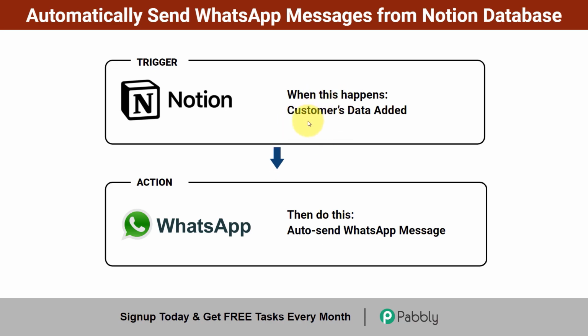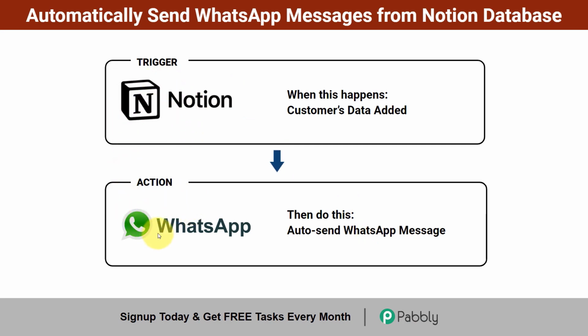Either you can copy the details of your customers, compose a message in WhatsApp and send it to each customer one by one, or you can create an automation between Notion and WhatsApp in such a way that whenever a customer's data is added into this software, the messages will get sent automatically to each customer one by one without doing anything manually. Yes, it is possible. You just need to add the customer's data here and the messages will get sent automatically. You just need to build a connection between Notion and WhatsApp.